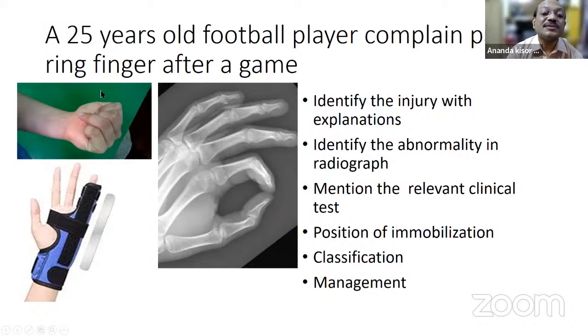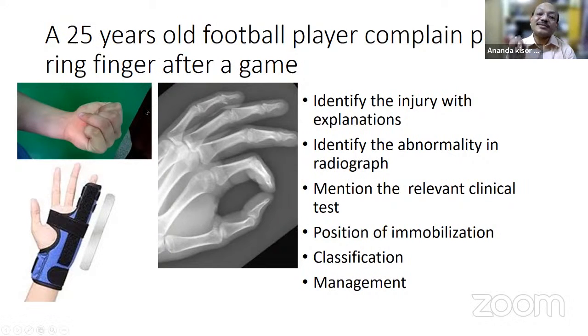It is usually seen in rugby or football players, and is also known as jersey finger, where somebody holds the jersey of a player who is receding away, that means a forceful extension is going on against the flexed fingers.